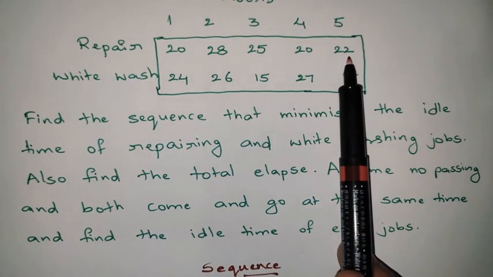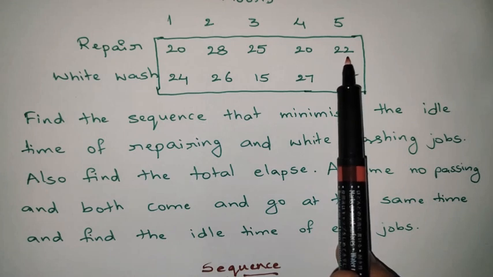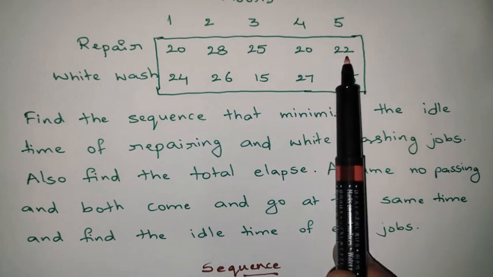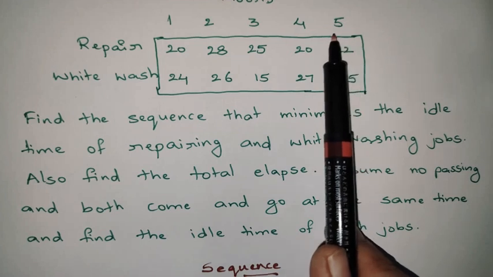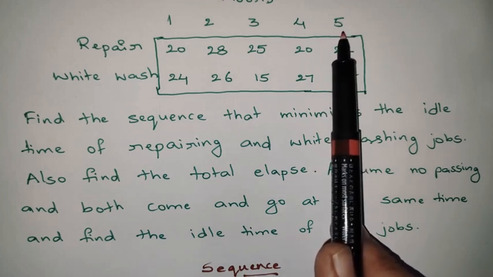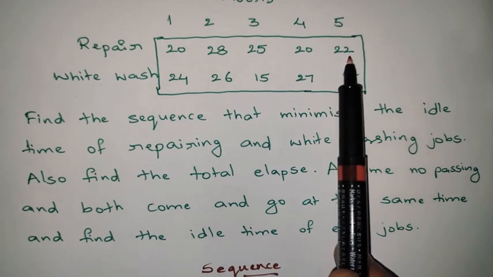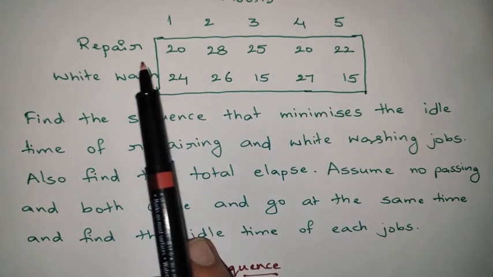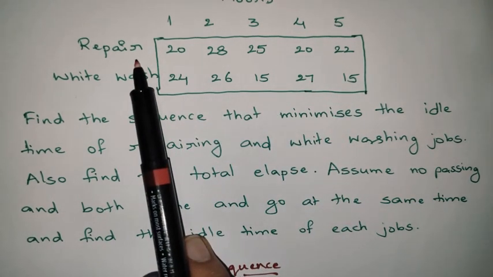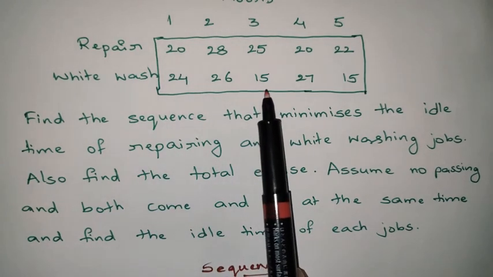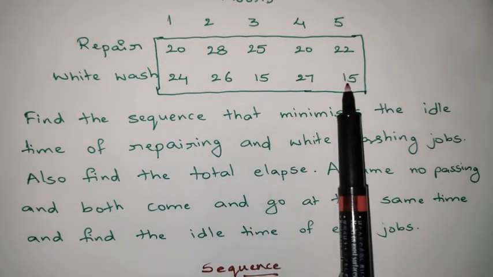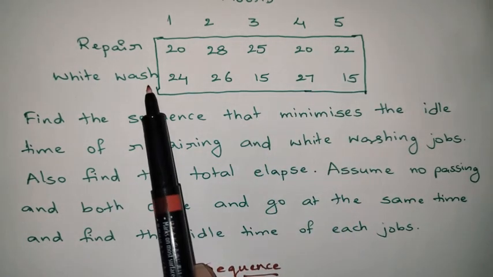Which one is lesser? 22 is less, and it corresponds to floor number 5. So the value is less in the first process.